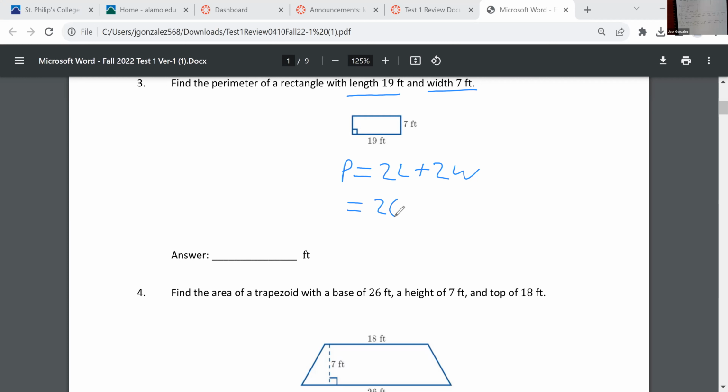2 times 19 plus 2 times. What do we got? Wait, can't you just put those in the same parentheses?